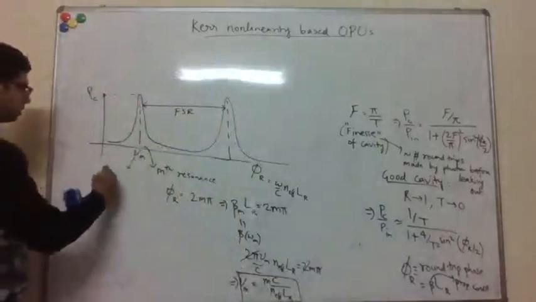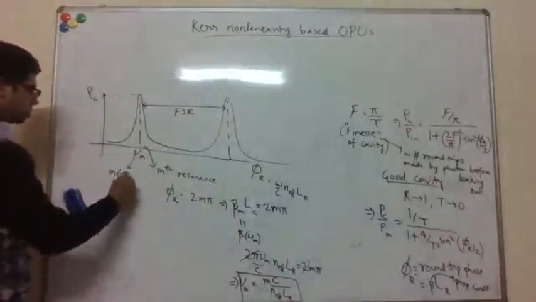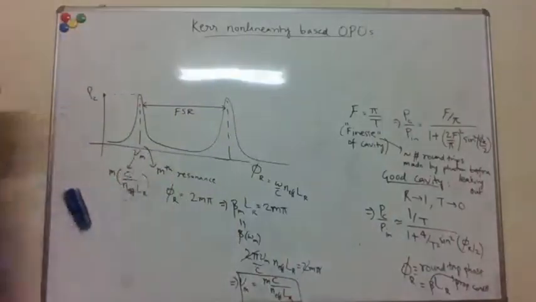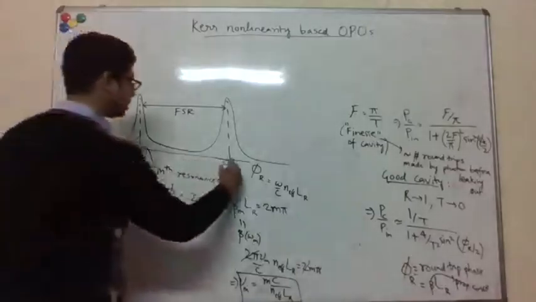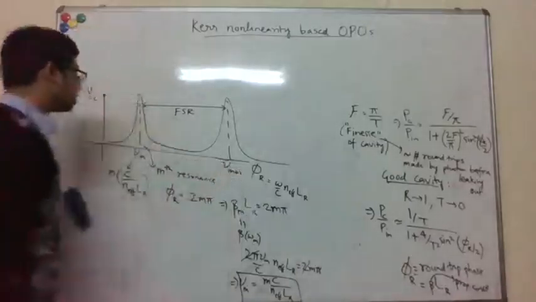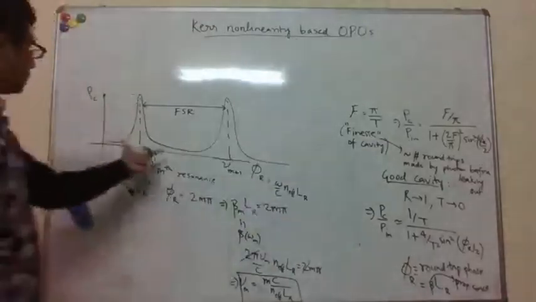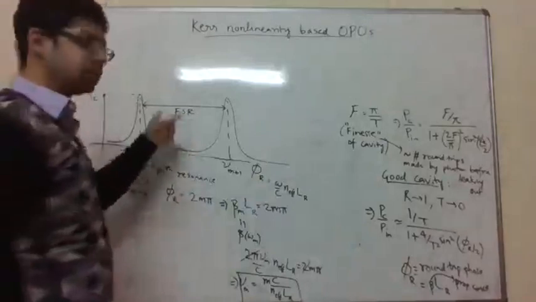So nu m is m times c over n effective times LR. Similarly, this will be nu m plus 1, the m plus 1th resonance. And then the spacing between the two is the free spectral range.